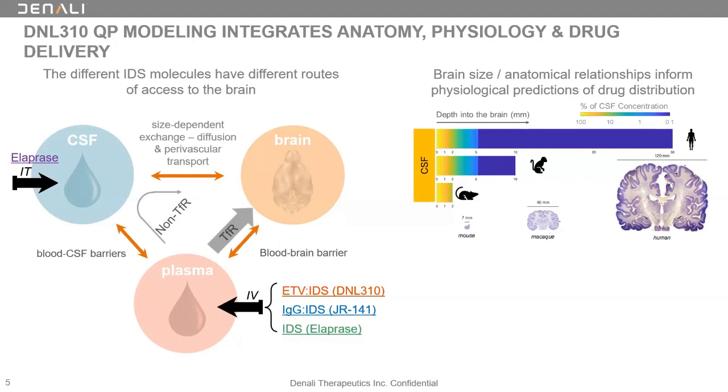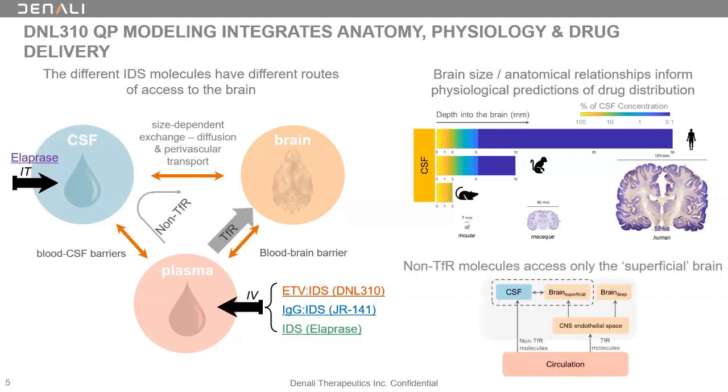And this essentially motivated us to have a representation of what is typically used in the blood-brain barrier field as the superficial brain region and the deep brain region. And that is shown by that schematic on the bottom right, where exchange between the CSF and the brain was restricted to what is referred to as the superficial brain region, but transport from CSF does not get into the deep brain region.